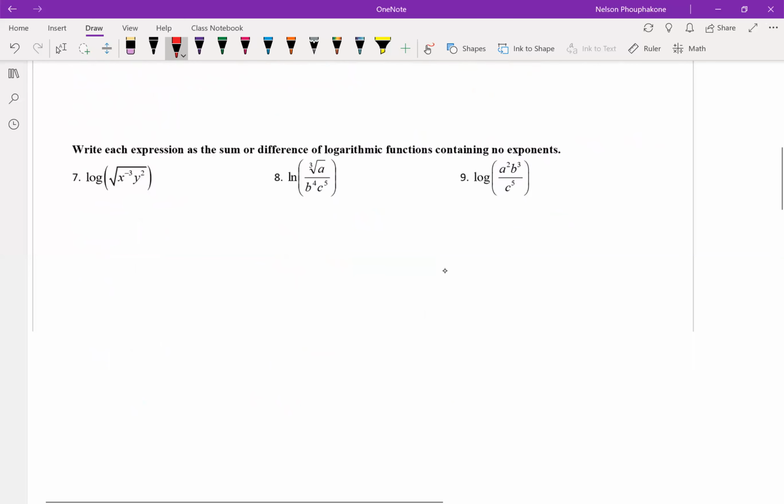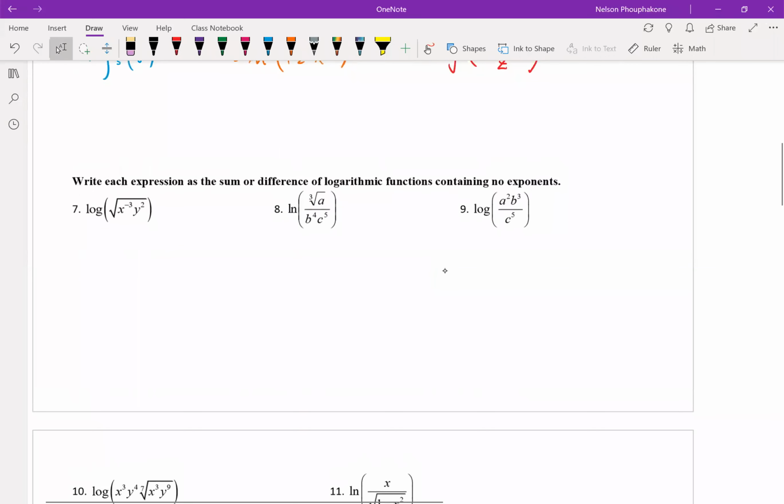Okay, now the next one is the one that will help you in the future, in classes like calculus and stuff. Now to this one, I would like to write each expression as the sum or the difference of log functions containing no exponents.